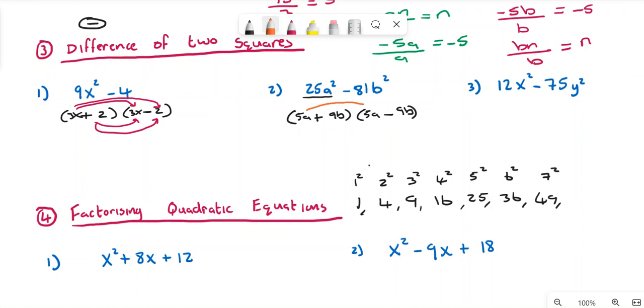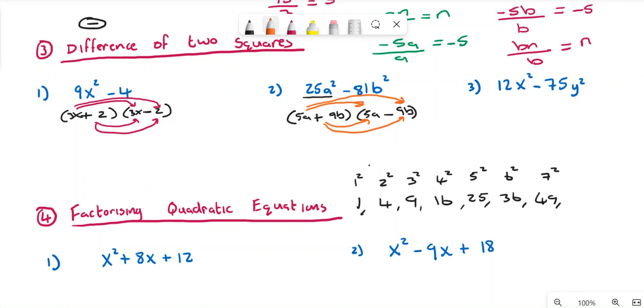We multiply this by this, this by this, this by this, and this by this. So 5a by 5a gives me 25a squared, and then 9b by minus 9b gives me minus 81b squared. So that's how we would factorize this expression using the difference of two squares method.